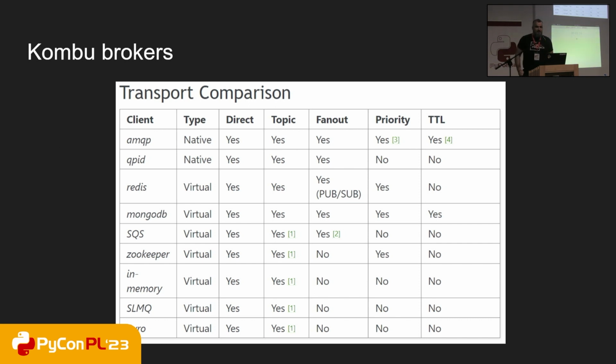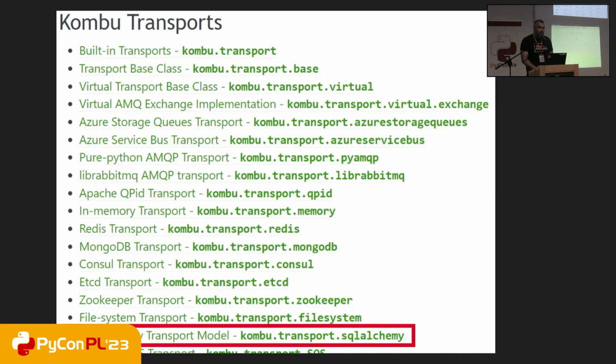But there's even more if you go to the API documentation of Kombu. And what I want to focus on is this SQLAlchemy transport model, which is already built in. And by the way, the one above it is the file system transport as well. So that should be maybe a topic for another lightning talk.